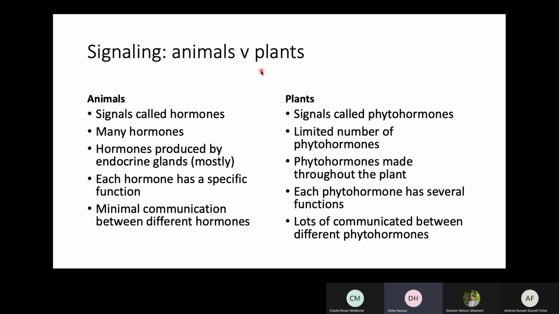And some of the differences between phytohormones and hormones, so animals and plants, are the following. In animals, we have a bunch of different kinds of hormones, so many specific kinds, whereas in plants, they don't have that many phytohormones. The fact that we have many different kinds of hormones means that each one is assigned a specific task in the body.